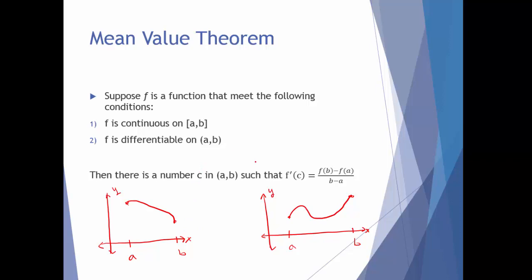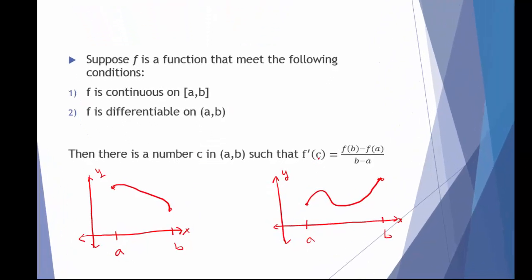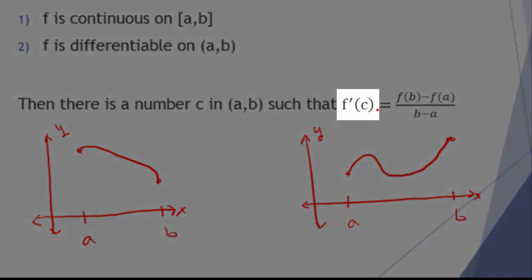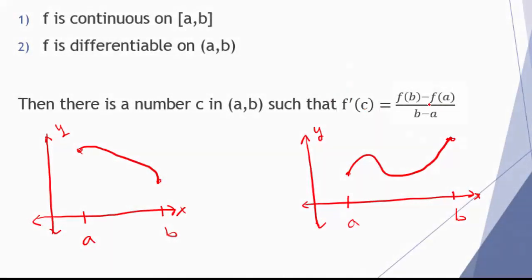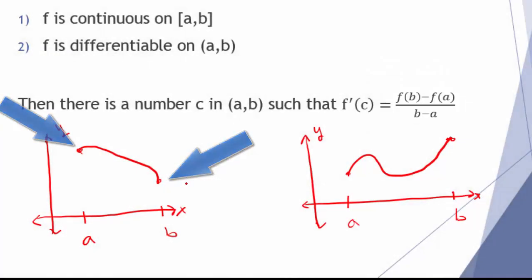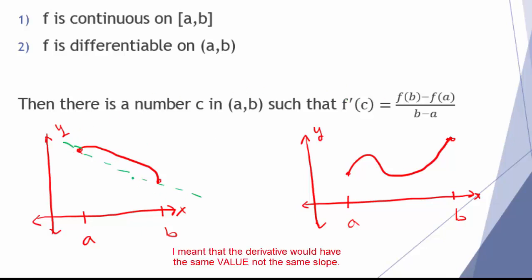What this is going to talk about is that at some number c, I'm going to have a derivative equal to the slope between the point here at A and the point here at B. Pictorially, if you look at the slope between the endpoints, at some point my derivative is going to have the same slope as this line right here.